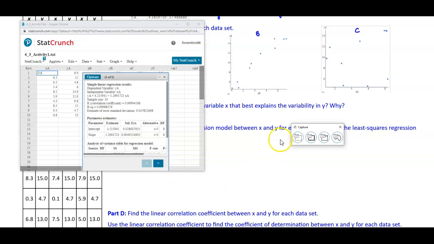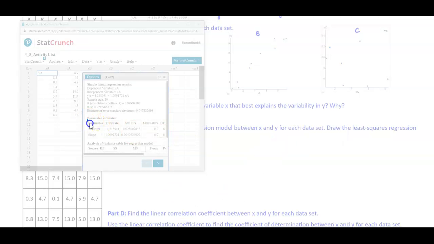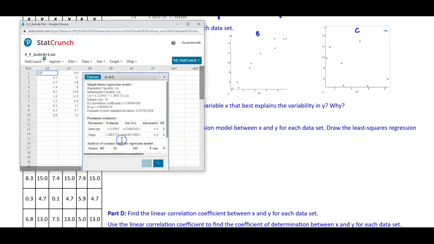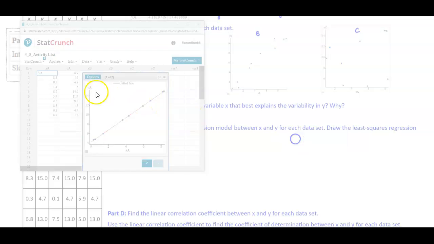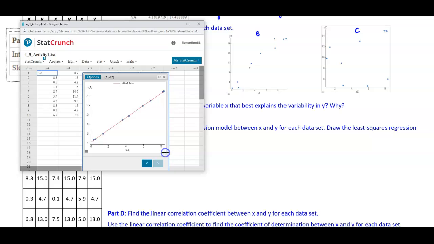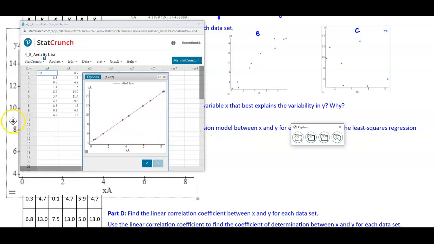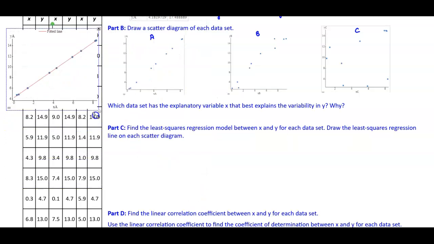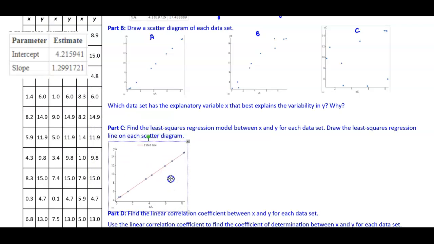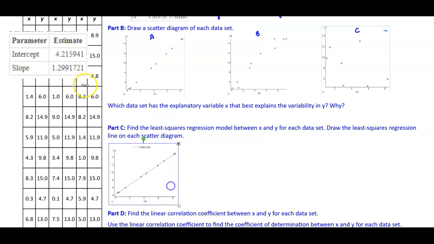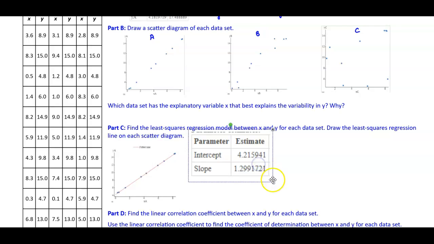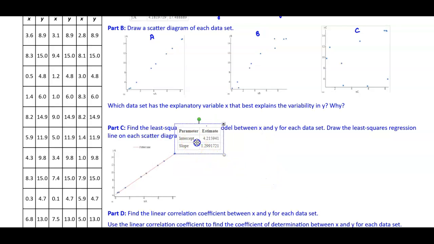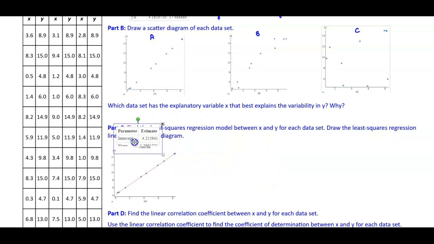So we're going to see the following. We have our slope and our y-intercept, and then we have our graph. So I'm going to go ahead and put our graph in here. So there is our graph. And we know that the slope and the intercept are the following.